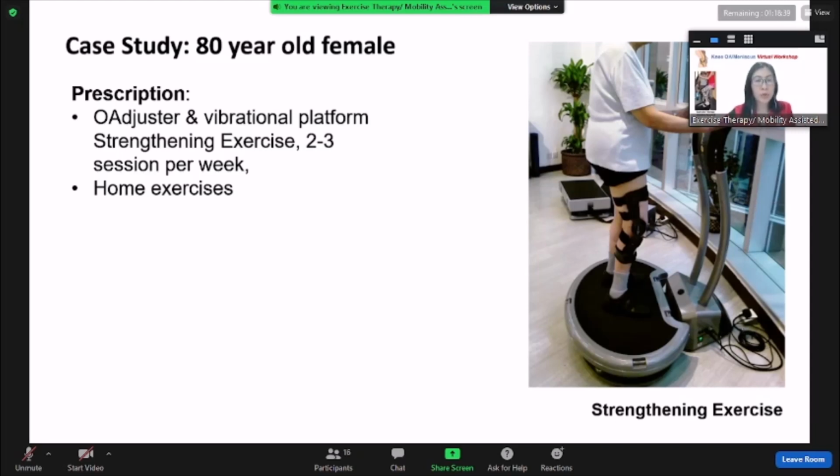She was required to attend 2 to 3 sessions a week at the rehab center, and of course, home exercises were also taught to her.